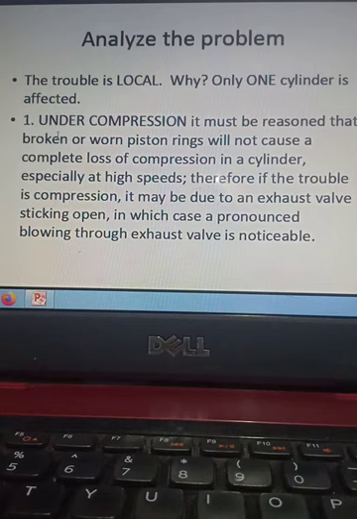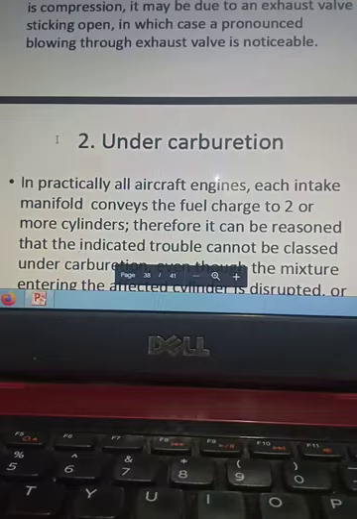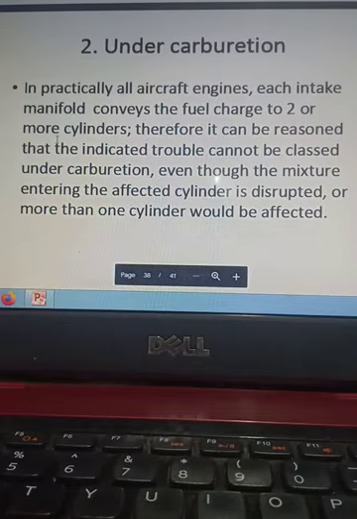Okay? And then, under carburation, in practically all aircraft engines, the intake manifold conveys the fuel charge to two or more cylinders. Therefore, it can be reasoned that the indicated trouble cannot be classed under carburation, because if the mixture entering the cylinders were disrupted, more than one cylinder would be affected.